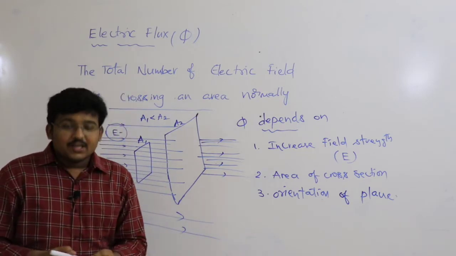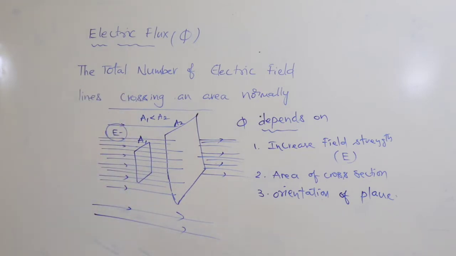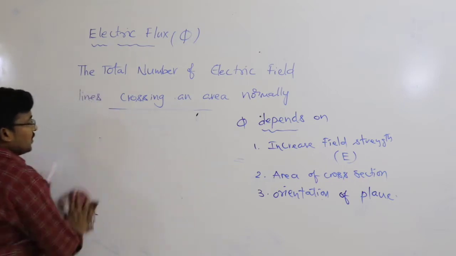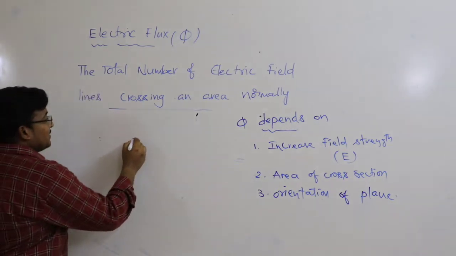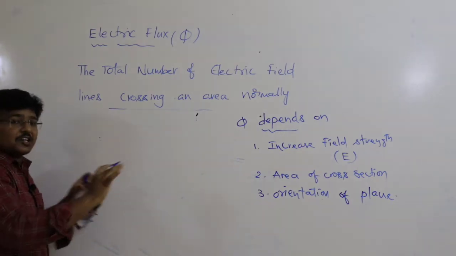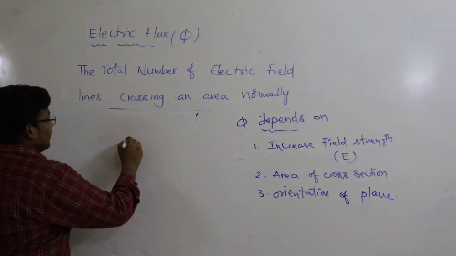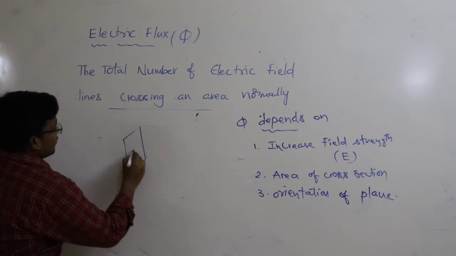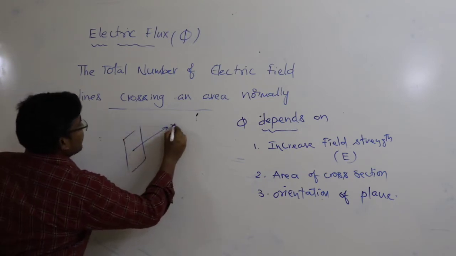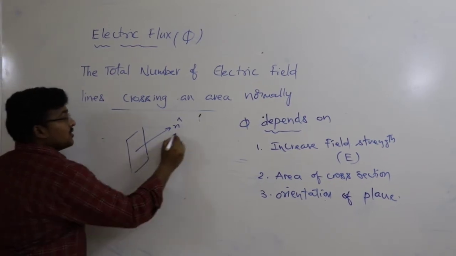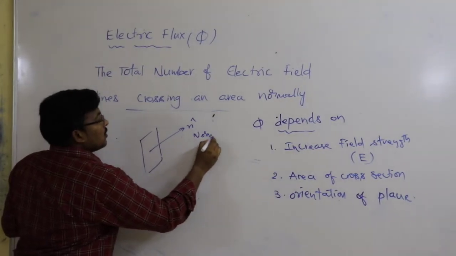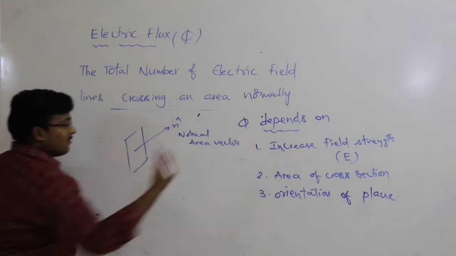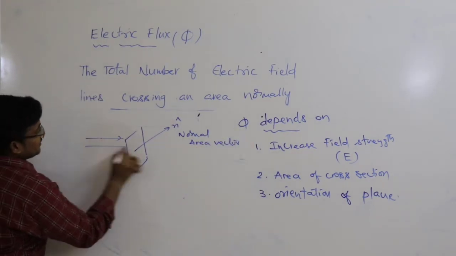For example, if I keep the plane at some angle to the electric field, for example, this is a plane, the area vector, this is called as n cap, which is called as normal area vector, and the field is like this.